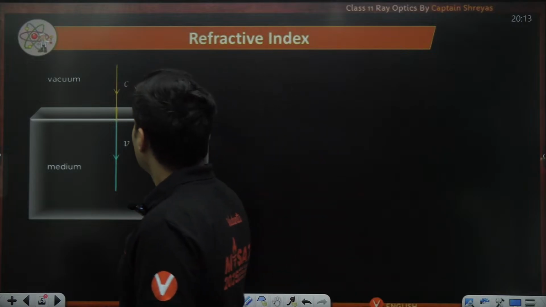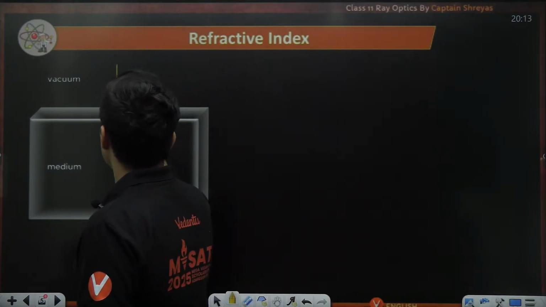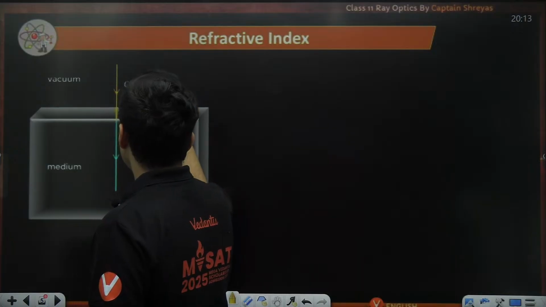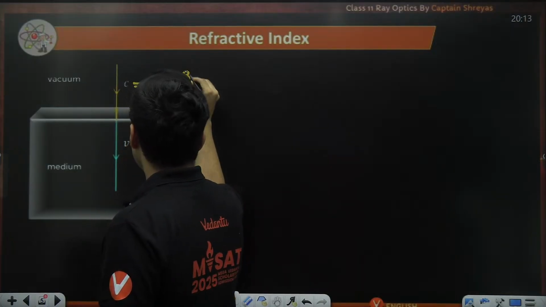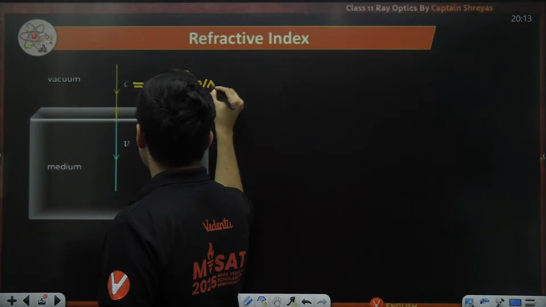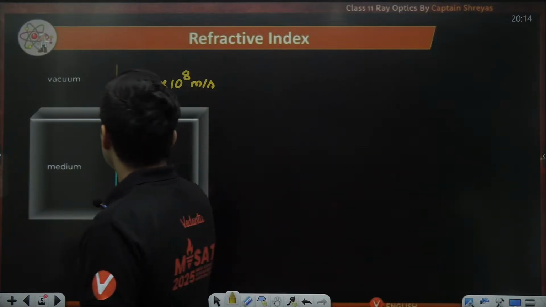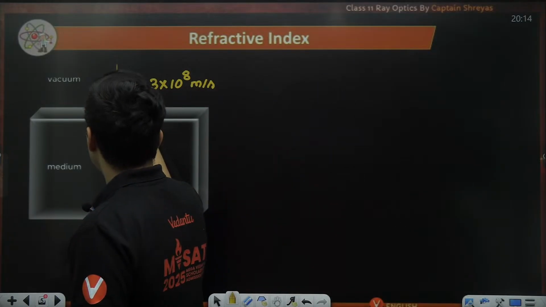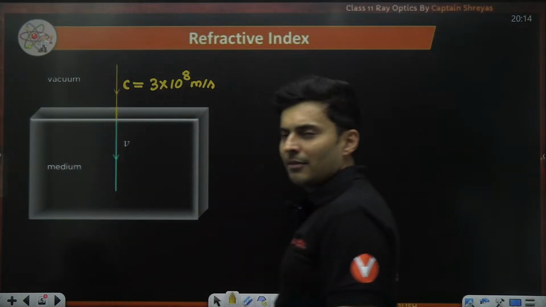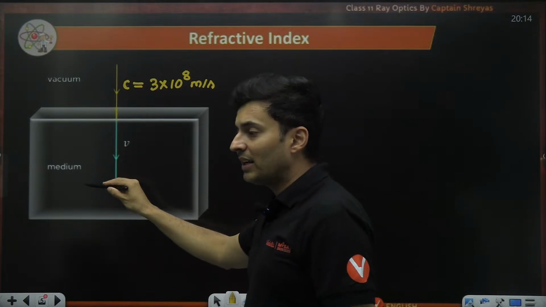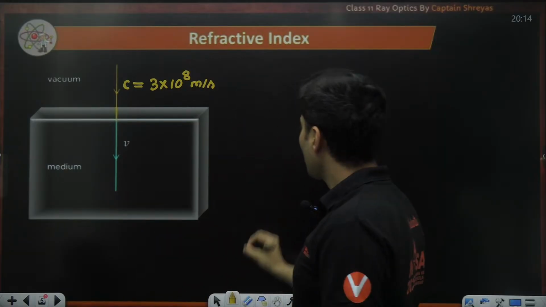This c is nothing but the speed of light in vacuum, which we already know is 3 into 10 to the power 8 meters per second. That's a huge speed, a standard value of c. You have already seen that in modern physics maybe, or even in chemistry. v is the speed of light in that particular medium.